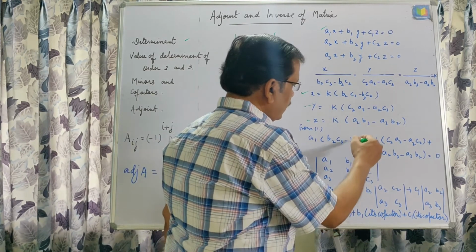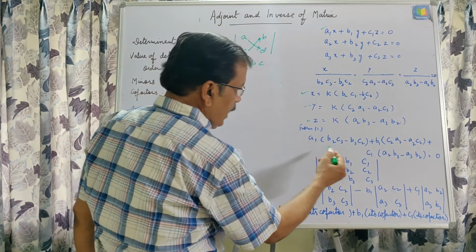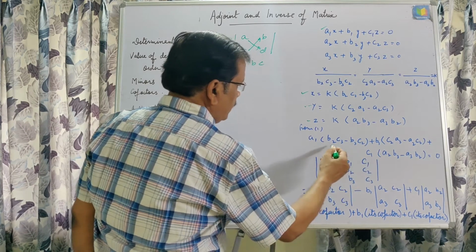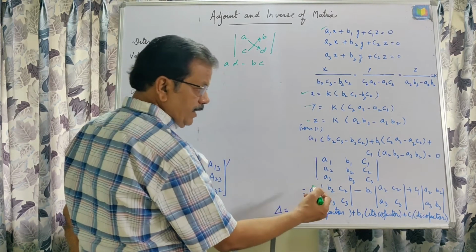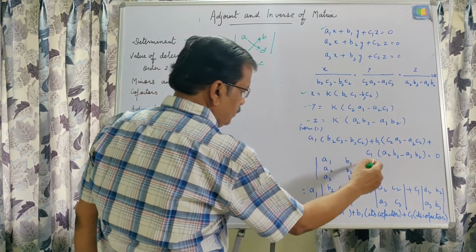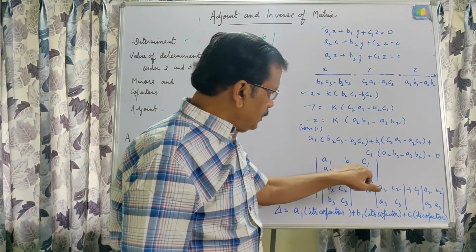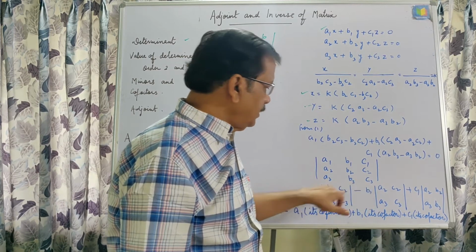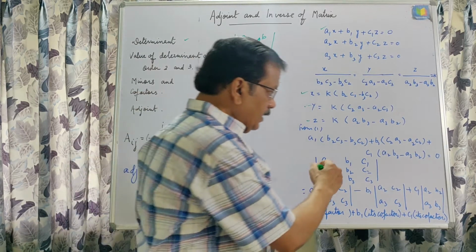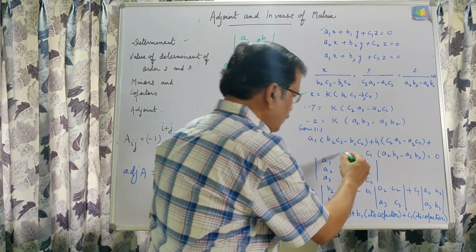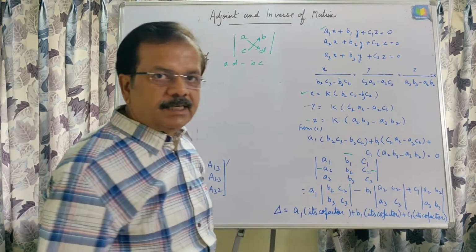Now here k will be cancelled, and in determinant form we can write this as A1 B1 C1, A2 B2 C2 and A3 B3 C3, and after expanding with respect to A1, hiding this, B2 C2 minus B3 C3 minus B1... whenever we are expanding any determinant, this and this value will be taken as negative.